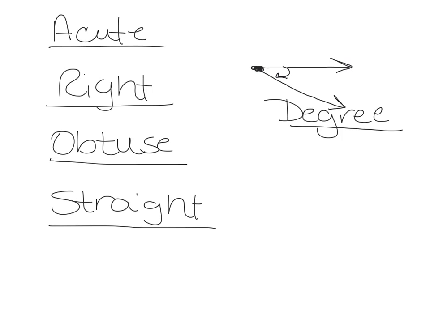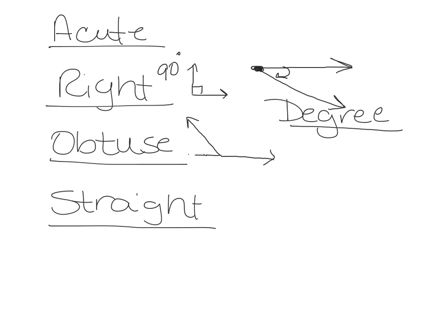A right angle is one that goes straight up and down. You will usually see this little square in the middle of it, and for a right angle, the opening is measured at 90 degrees. An obtuse angle is one that is bigger than 90 degrees, but less than a straight line.